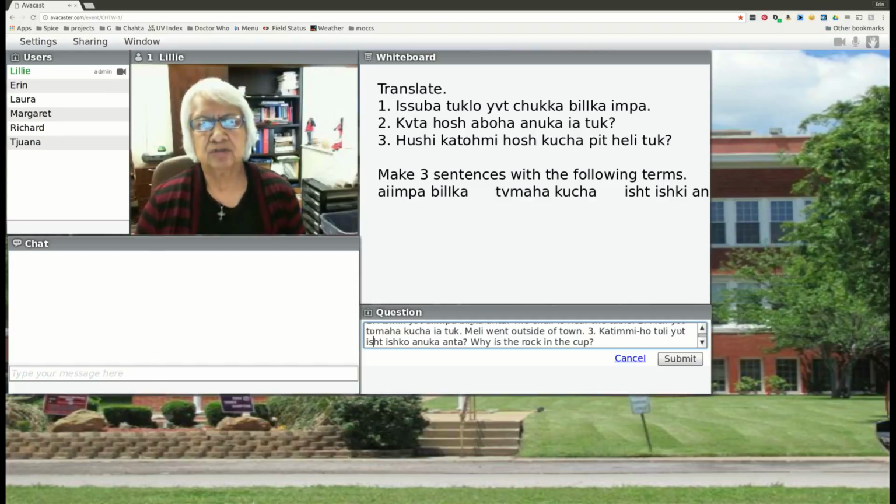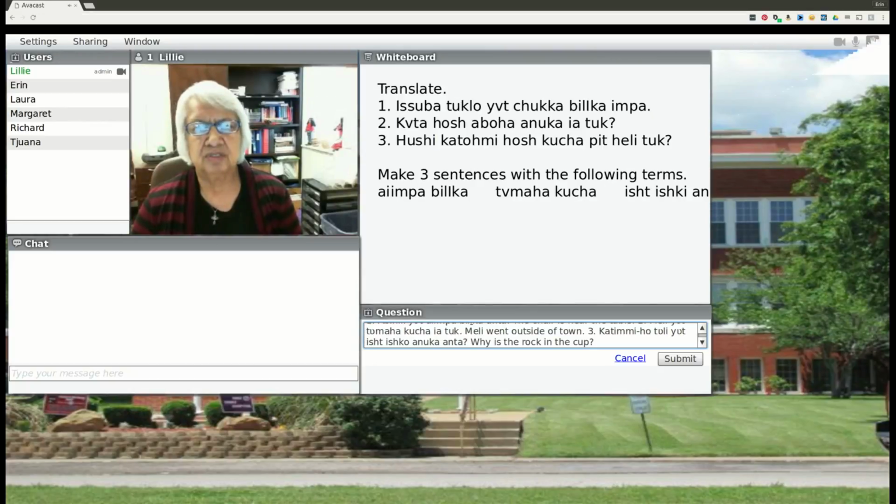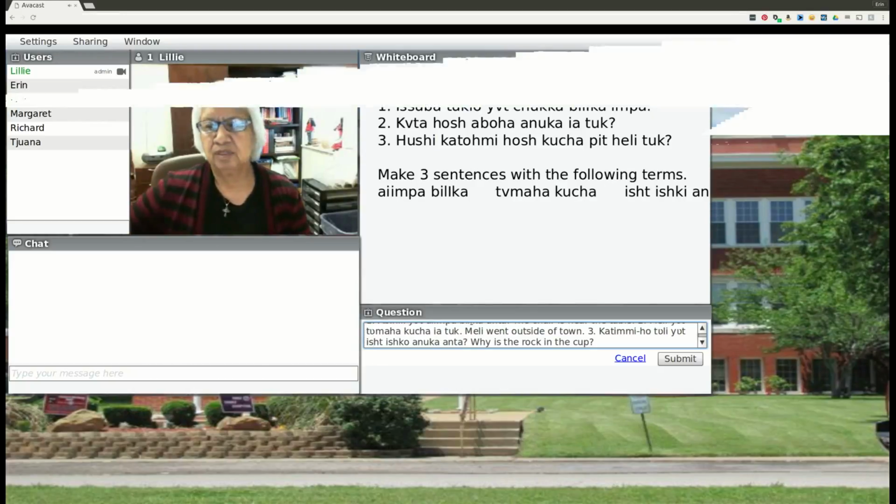3. Hushi katohmehosh kuchapit hilitok. Here again you see the hosh marker telling you that the subject is hushi katohmi. Katohmi modifies hushi, asking the question, how many? Katohmi asks for a specific number. Hushi katohmi hosh is your subject. How many birds? Kuchapit hilitok.